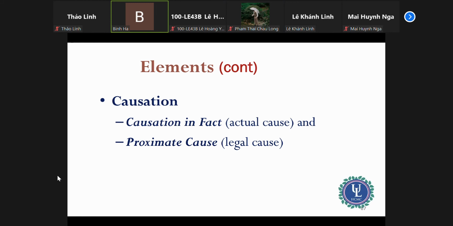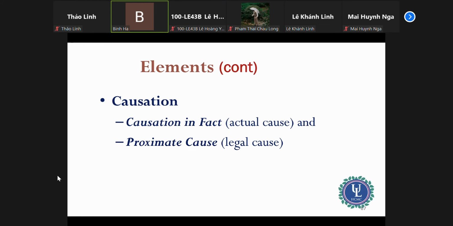It is not about the 100 kilometers away, but about whether he can foresee that the fire... What can be foreseeable is that if he did not take reasonable care, the fire can break out and burn the forest next to the farm.